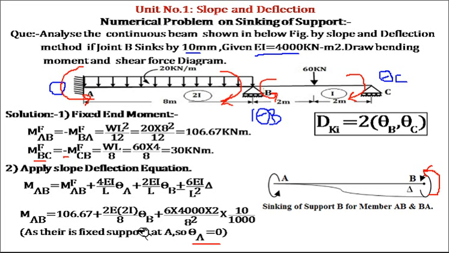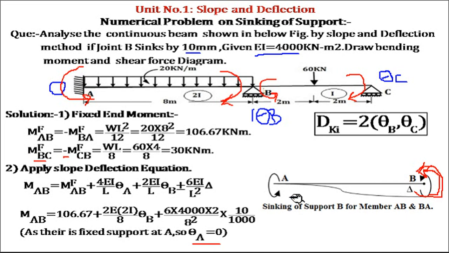So here putting the value of I for member AB, it is 2. Now here we are considering it as plus, because the deflection at B is downward, so the movement will be in anti-clockwise direction. So as the movement will be in anti-clockwise direction, it is plus.